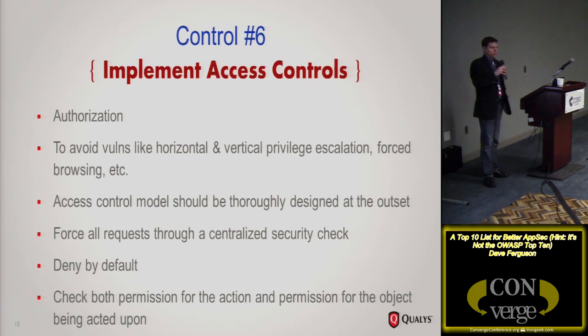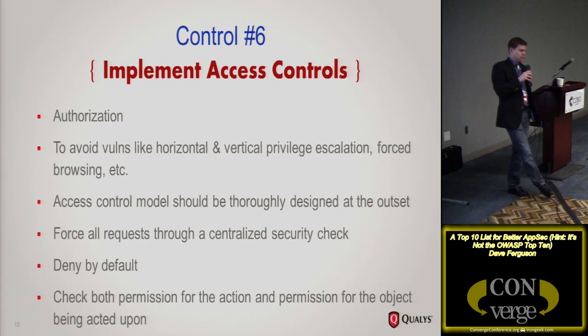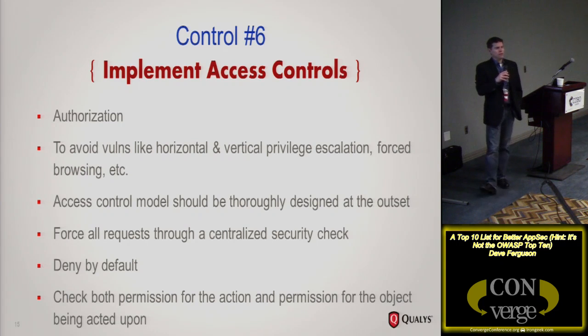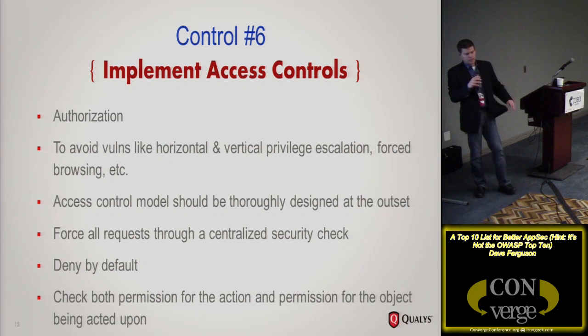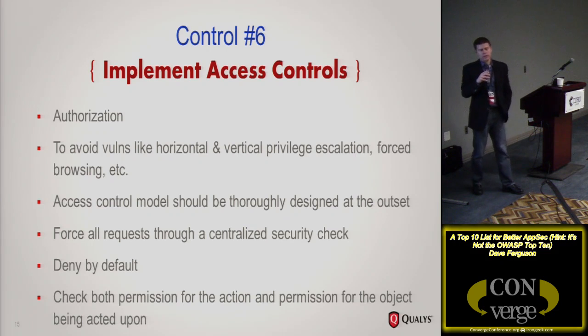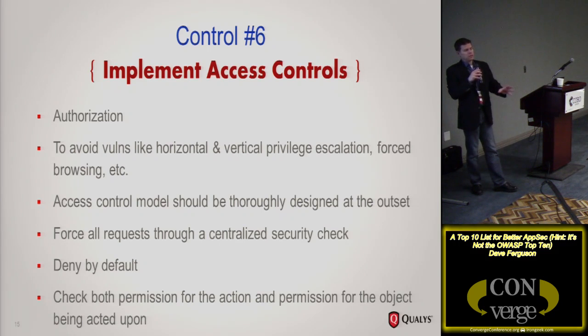So in the proactive controls document, which you can download on the website, they make it really clear that the design or the model of authorization and access control should really be designed at the outset of the project. It's really difficult to bolt on an authorization model after it's already been developed.